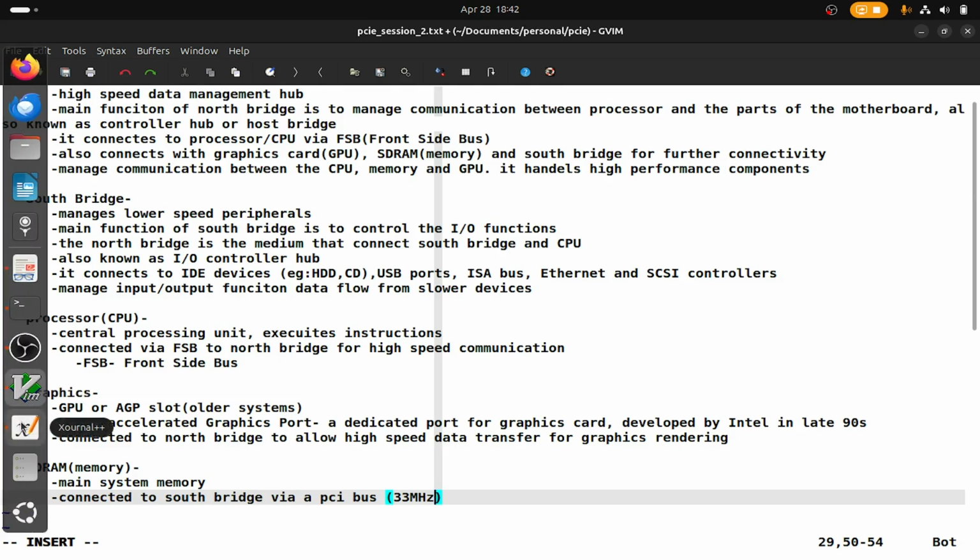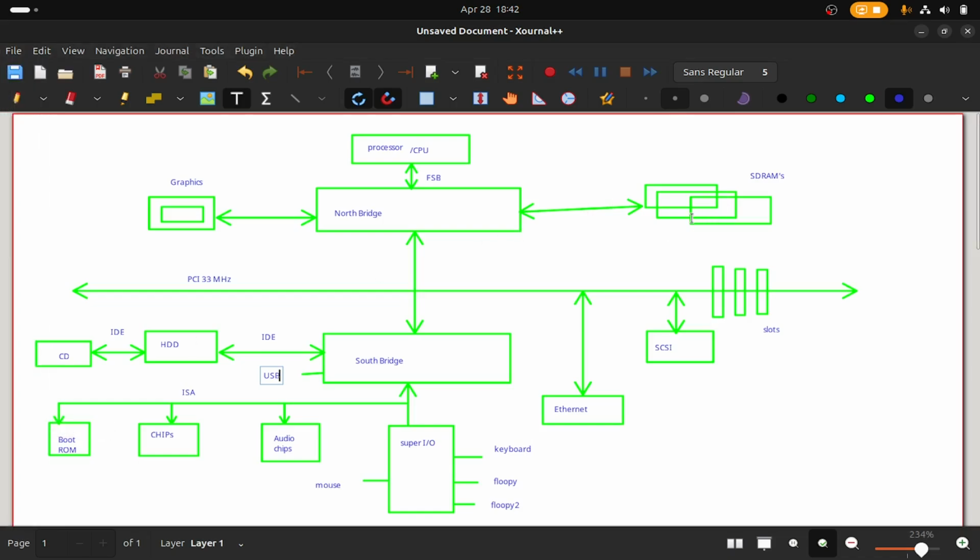Again, coming to the diagram, you can see HDRAMs is there. So definitely it is connected to the North Bridge, and North Bridge is connected, again, to this South Bridge via this PCI bus, PCI 33 megahertz bus, right?